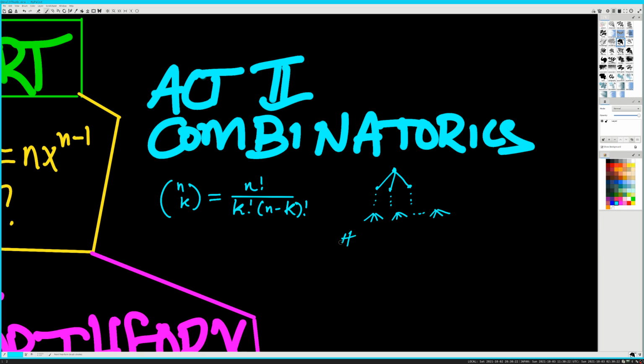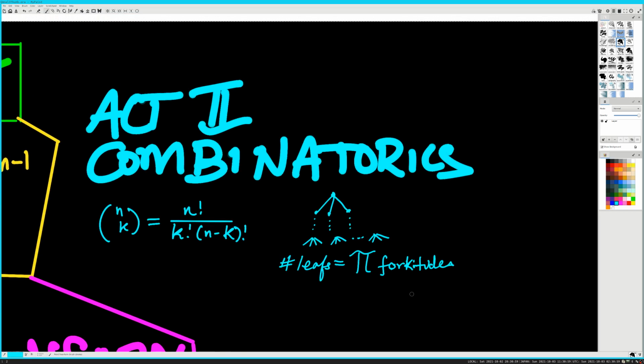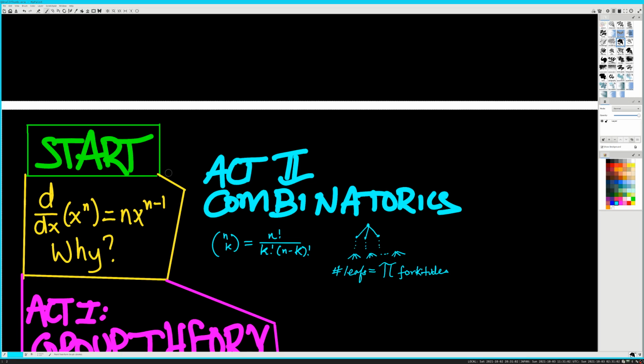The number of leaves, what did I call it, is the product. What did I call it, the splititude or something like that. It was forkitudes. The product of the forkitudes. All right.